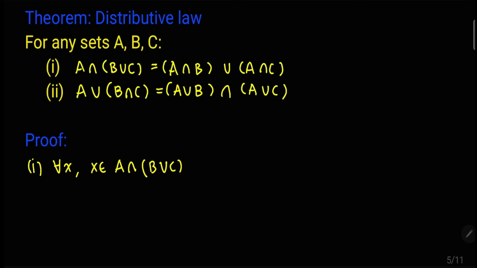Now doing the same with A union (B intersection C), you're going to distribute A union, so A union B, and then A union C. And then the final operation will be whatever the operation between B and C.